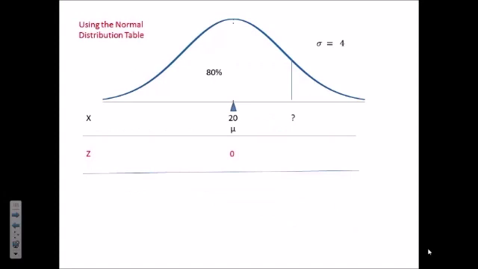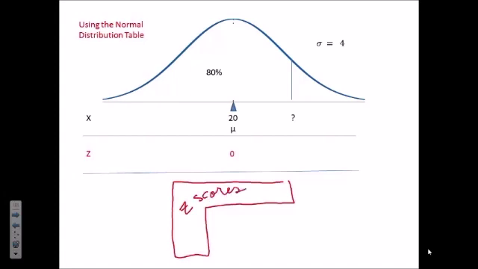We could also do the problem by hand using the normal distribution table. The normal distribution table has a structure of this form, where you have z-scores out here in the margin and areas in the body of the table. So it relates z-scores with areas. And in most tables, it's areas below the z-score.